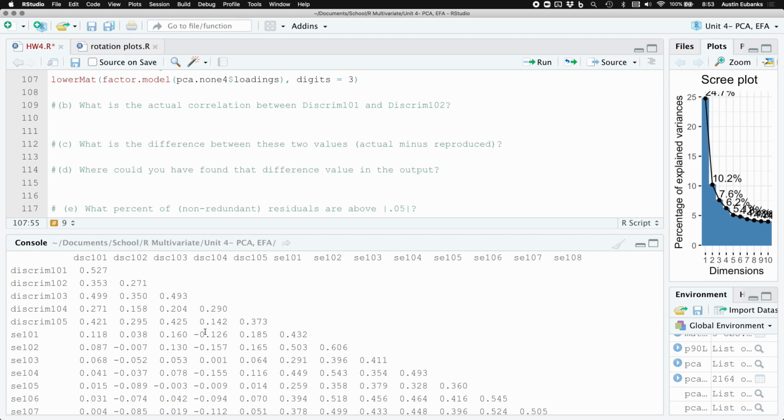The PCA that we just ran is one where we didn't do any rotation of any kind. Can someone remind us why we rotate? Is it to figure out which components we want to keep that fit the model best for parsimony? Yeah, the rotation doesn't help us with component extraction.